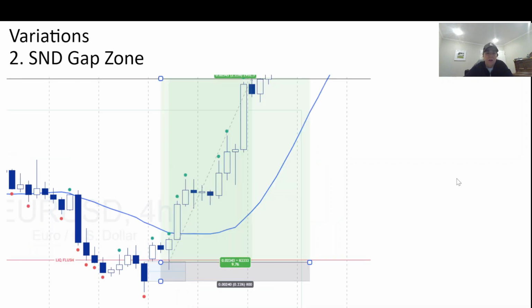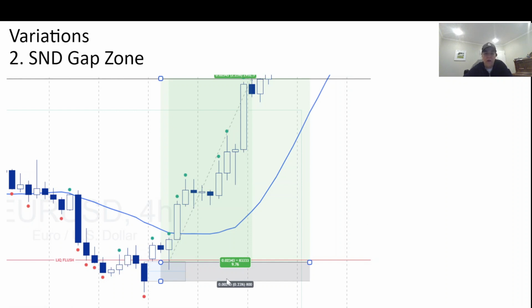Okay, so we placed this one here on the gap. You can see it came back to fill that gap. Most gaps want to be filled. It doesn't mean that this trade can't run without us. But generally, if we just did our regular entry on this candle, most of the time with gaps, you're going to get stopped out, and it's not fun.